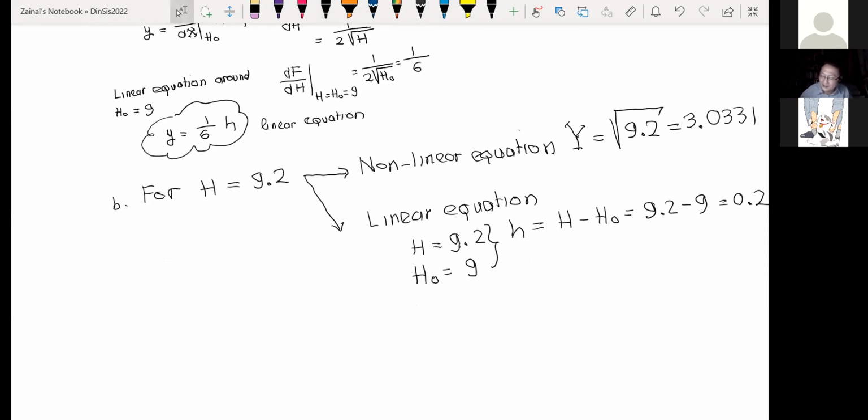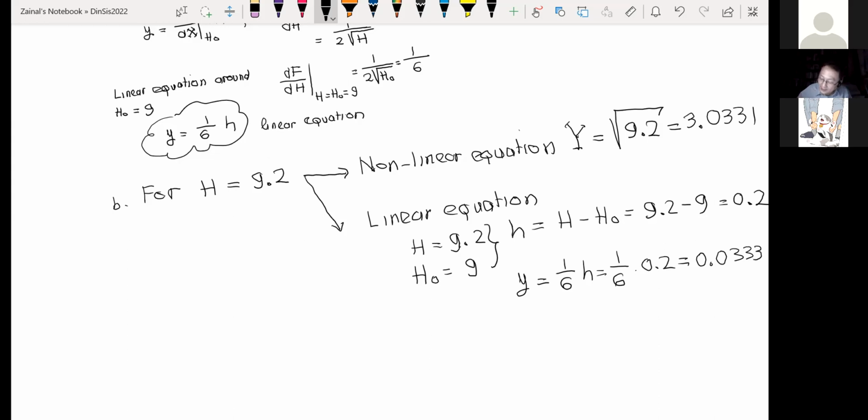Then based on the linear equation, you find that y is equal to 1/6 of h. So this one is 1/6 multiplied by 0.2, so 0.2 divided by 6, you have 0.0333.